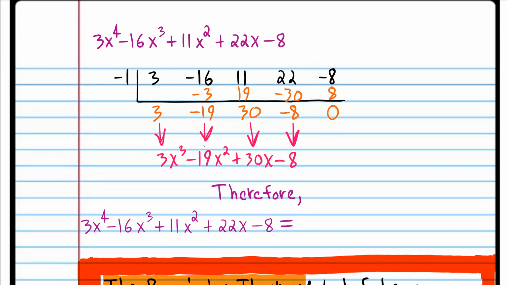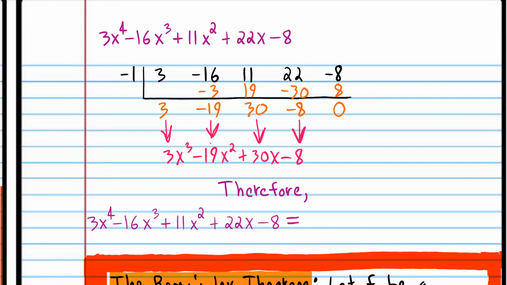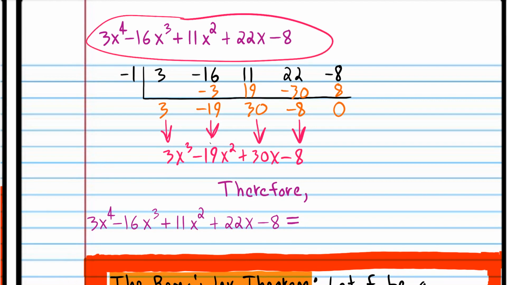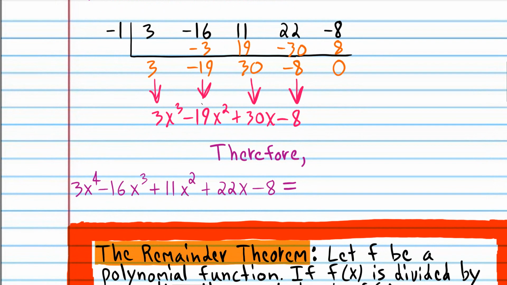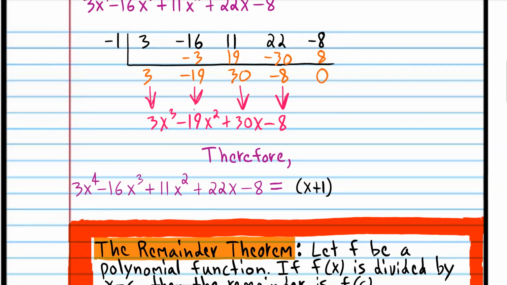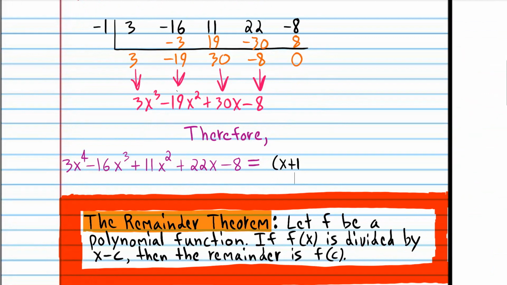So again, notice that the degree is 1 less than the degree that we started with in our original polynomial. So what this means is that our original polynomial is equal to x plus 1, because one of our solutions is -1. We found one of the solutions is -1, times 3x cubed minus 19x squared plus 30x minus 8.